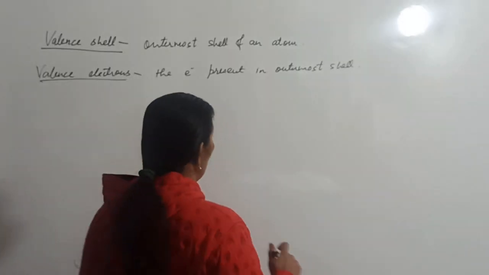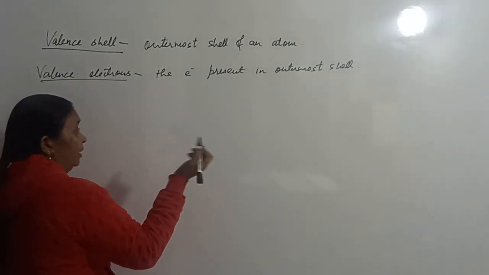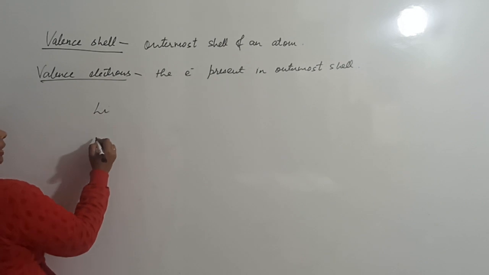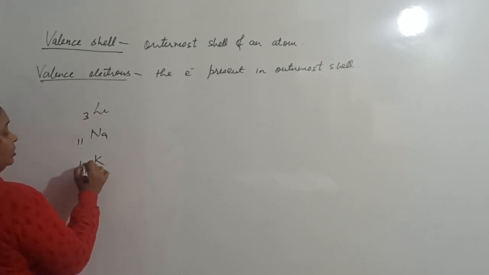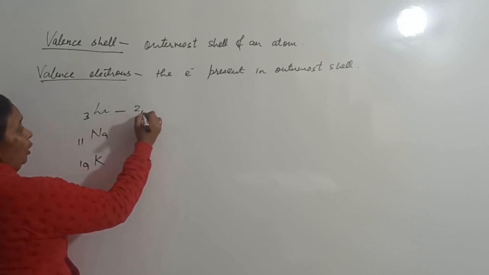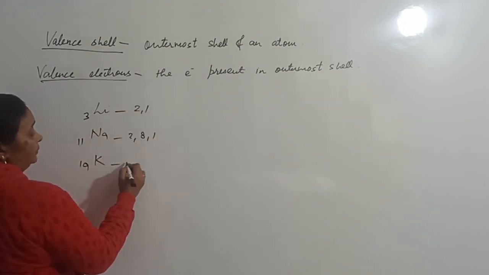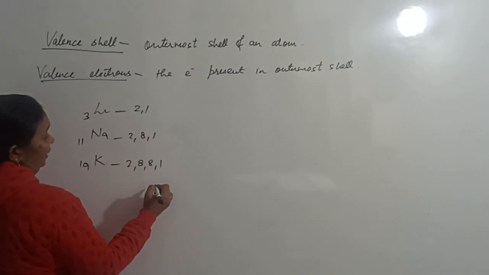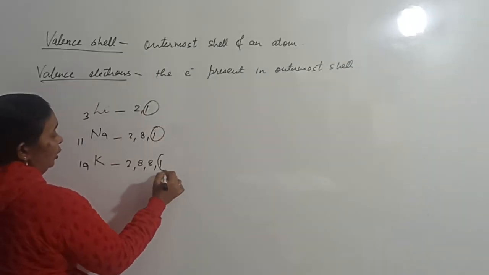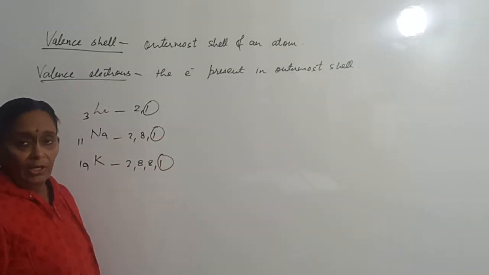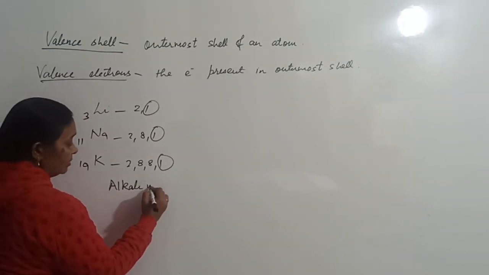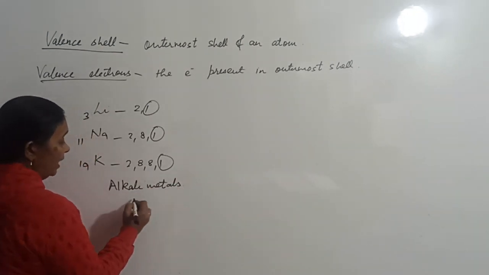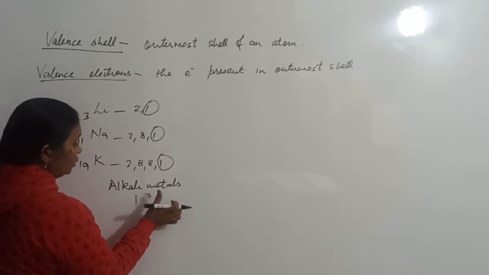For example, in the periodic table you have learnt about lithium, sodium, potassium, atomic numbers 3, 11, 19, with configurations 2,1; 2,8,1; 2,8,8,1. All of them have one electron in the outermost shell, have the same chemical properties, are known as alkali metals and are kept in the first group.